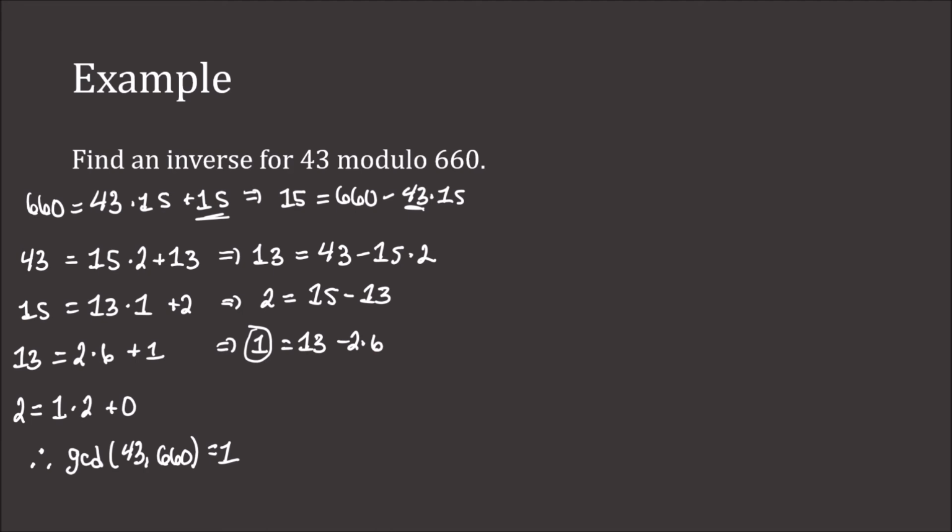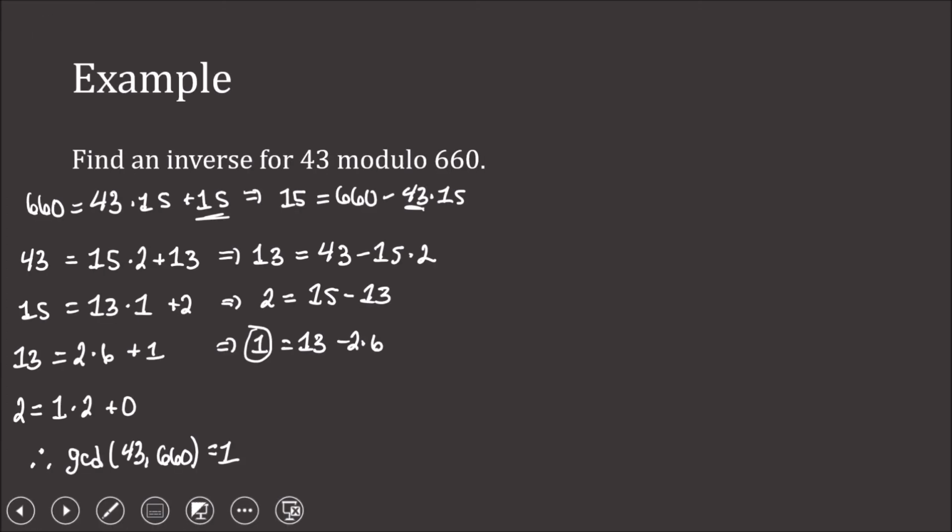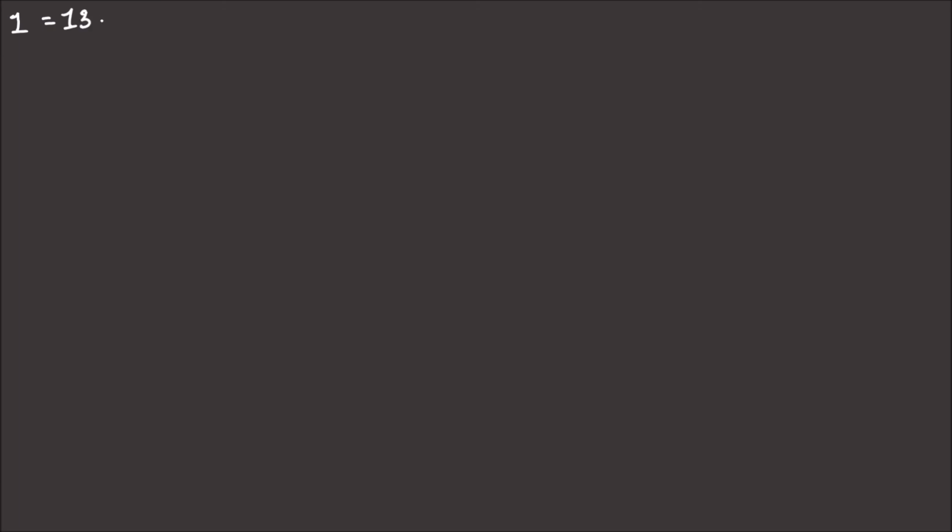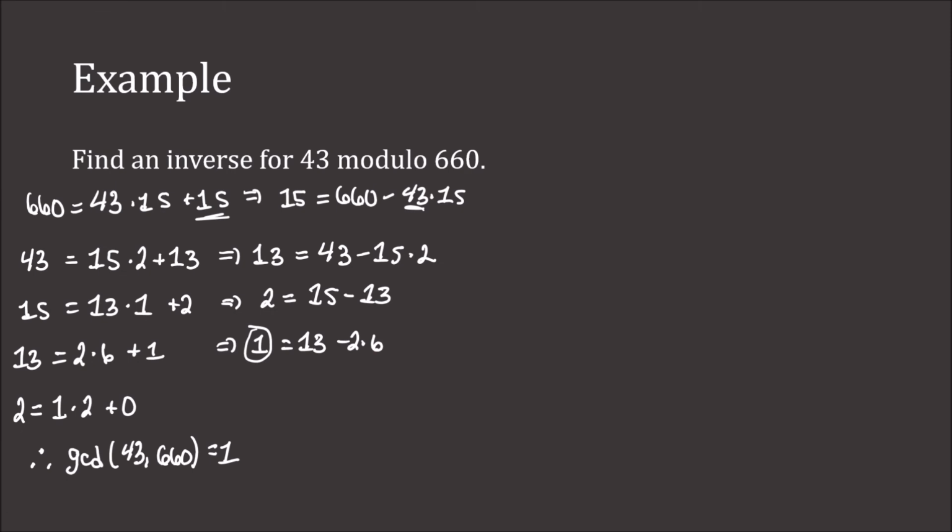Now we're just going to work in reverse. So we want to now try and write this as a linear combination of 43 and 660. So 1 equals 13 minus 2 times 6. But how can we write 2?